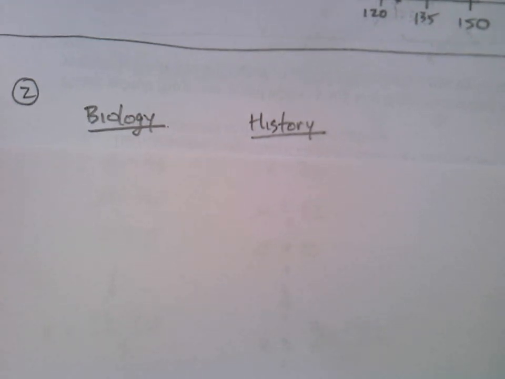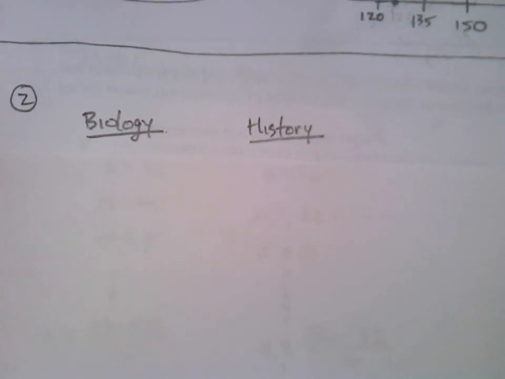It says test scores follow a normal distribution. That's another application. Usually most people score right there in the middle, and then fewer and fewer people score above that, and fewer and fewer score below, generally speaking. So a student scored 38 points on a biology test where the class average was 40 and the standard deviation was 5.